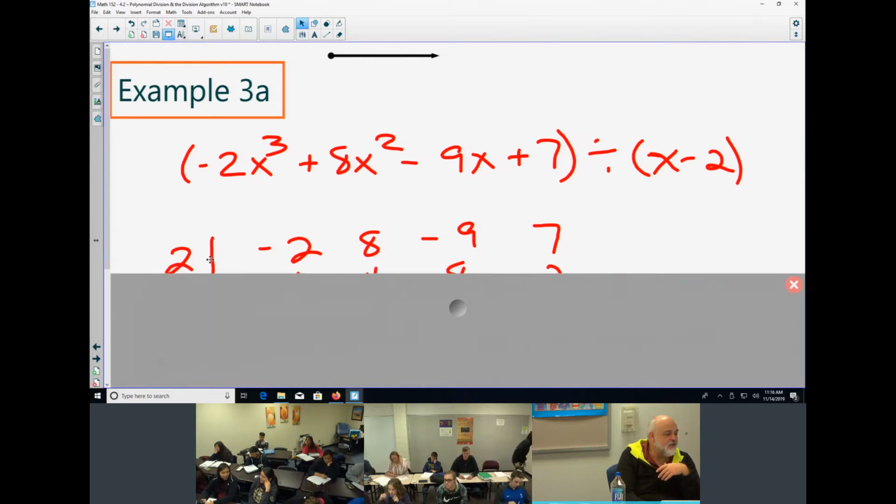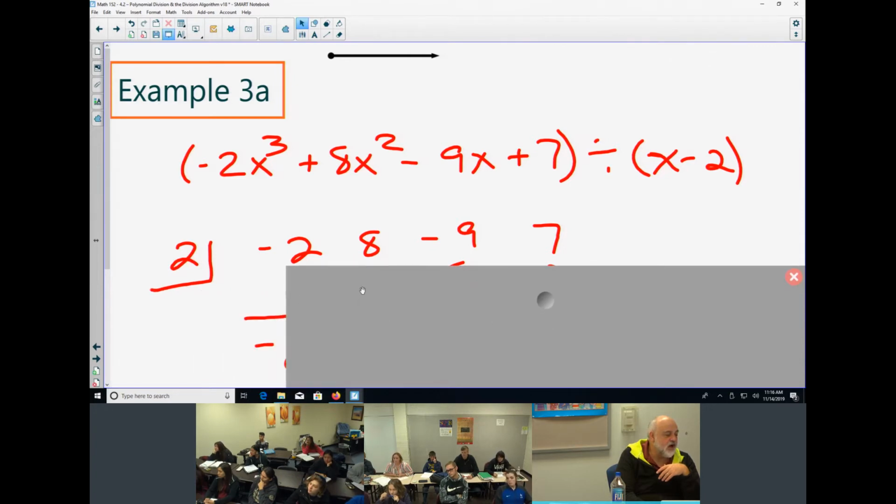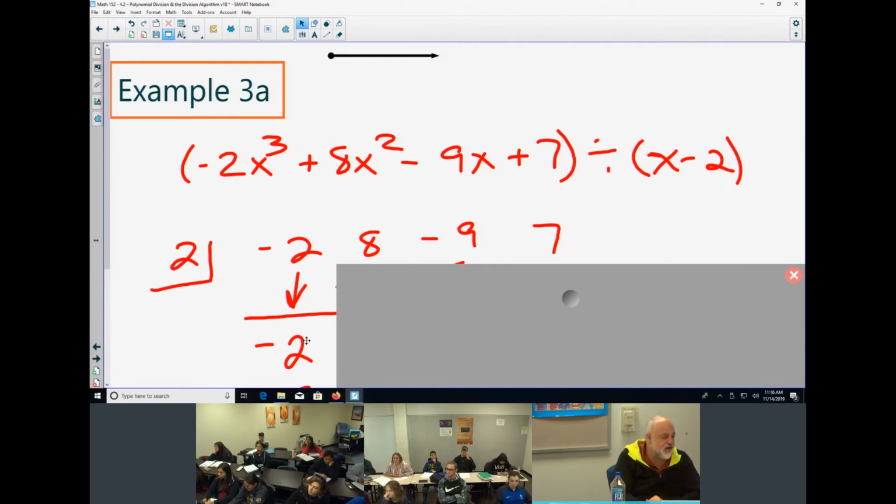And then in a little magic box over here, we put the opposite of this number here. So the opposite of -2. So we put +2 in a little magic box over here. Okay? Then what we do is we just bring down the first number. Okay? So the -2 just comes right down.